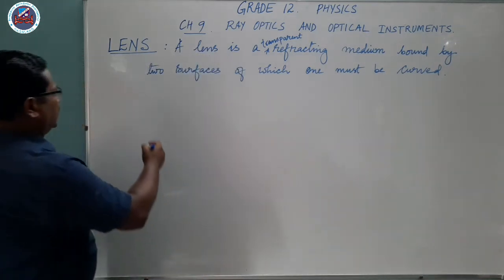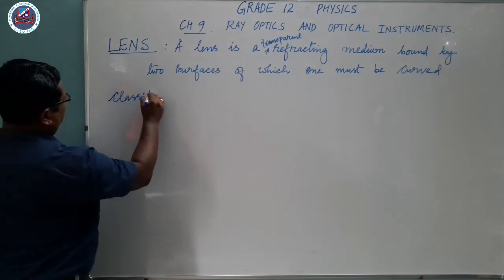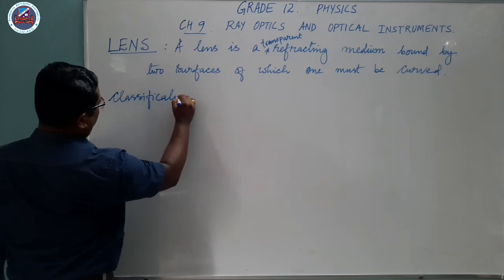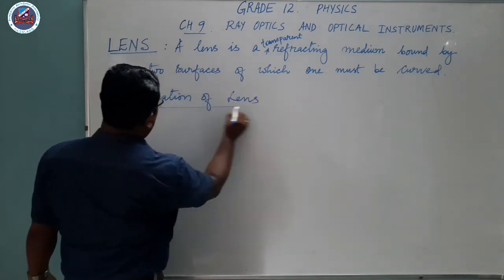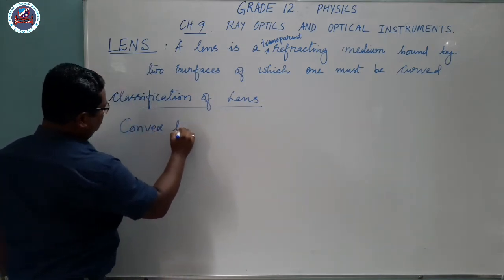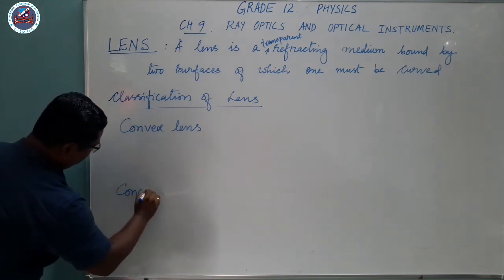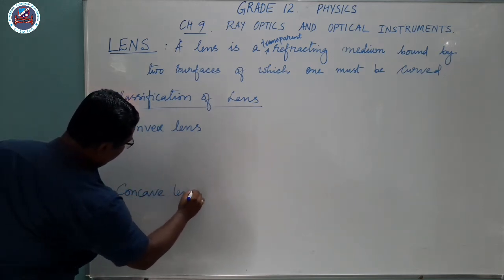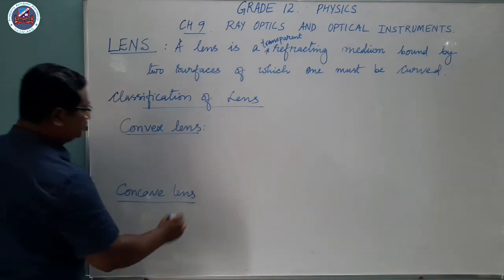Lenses are broadly classified as convex and concave. One is convex lens and the other one is called concave lens.